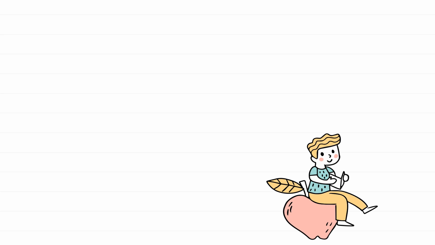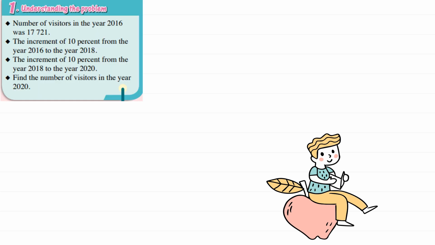Okay, so in order to solve the problem just now, you have to understand the problem. This is the simplified information that you will get from the question. Number one, the number of visitors in the year 2016 was 17,721.